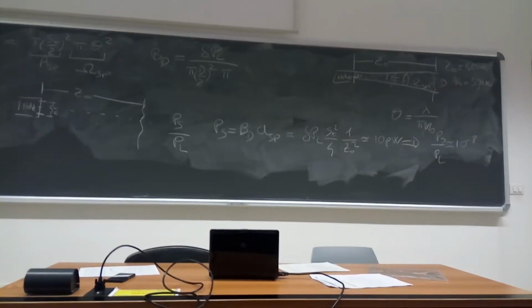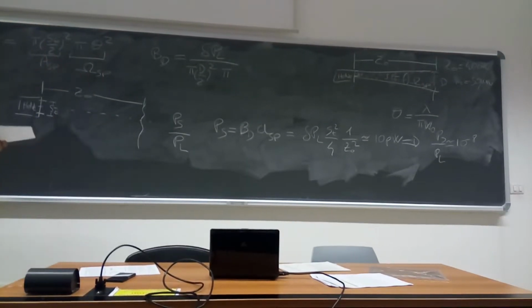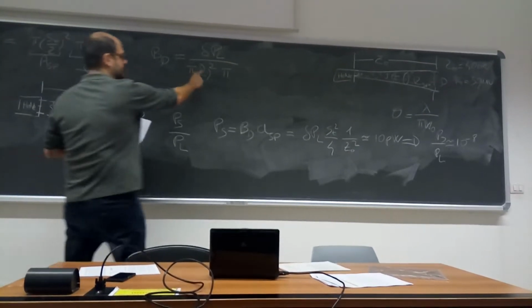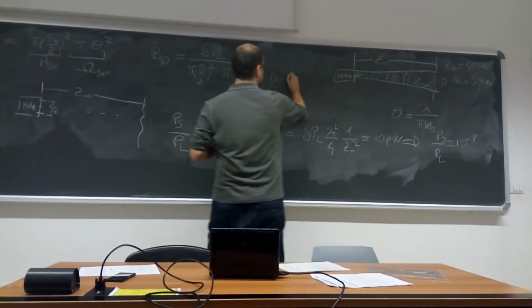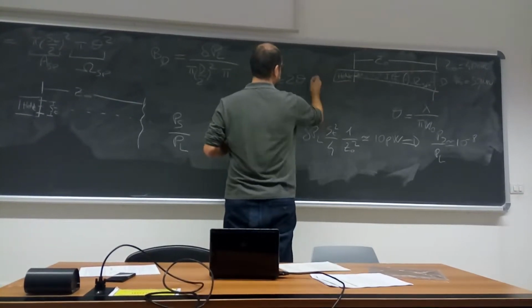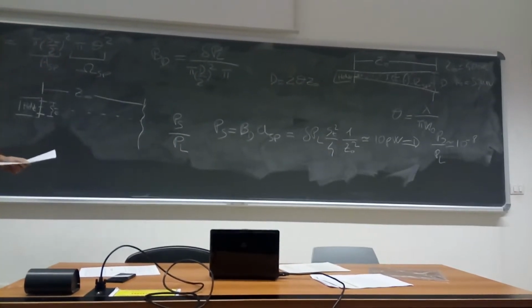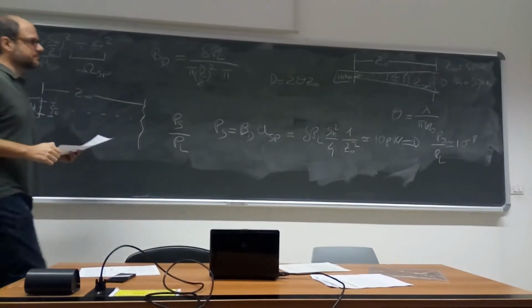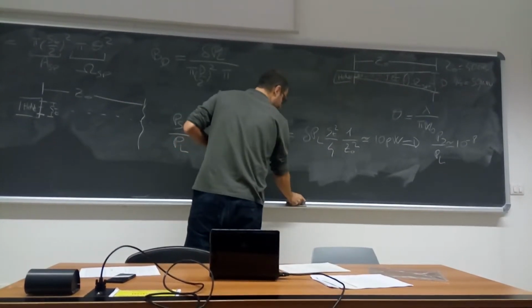Of course, you also have to remember that theta is related to the distance. Here you have Z0 because D is equal to 2 theta Z0. So here you find Z0. You always remember this.